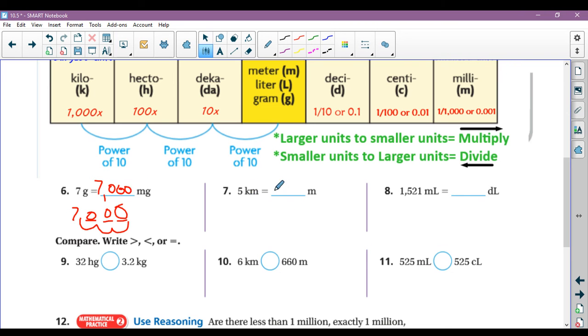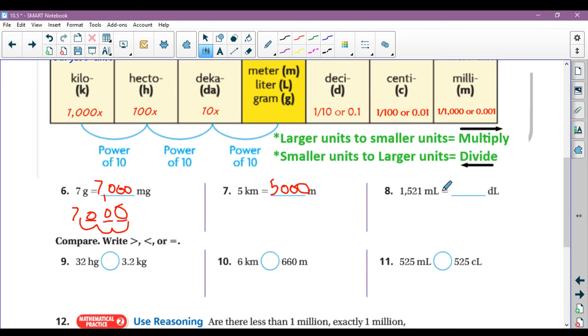Now we're doing kilometers, sorry, to meters. So 1, 2, 3. Once again, we're moving 3 places to the right, which means you're going to add 3 zeros behind the 5 and get 5,000 meters.